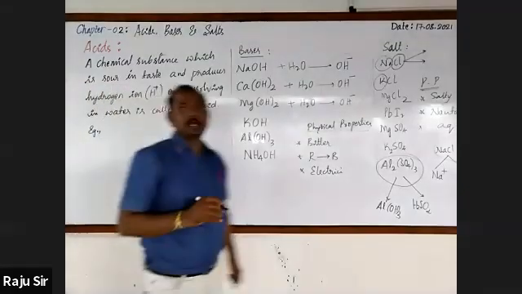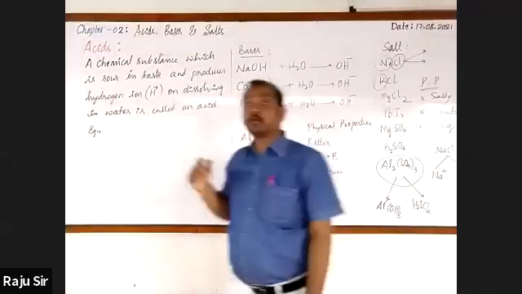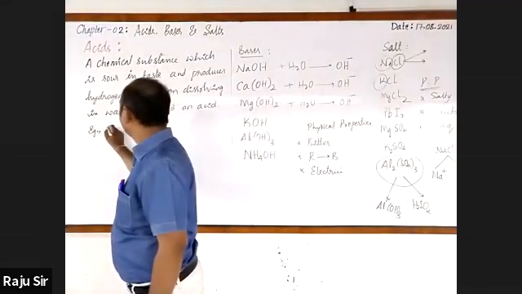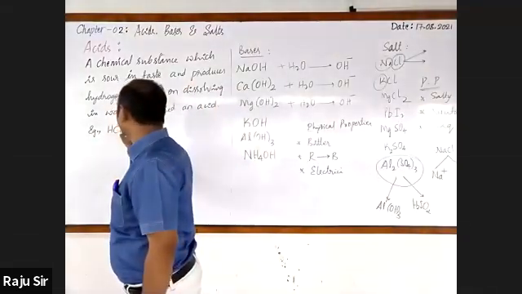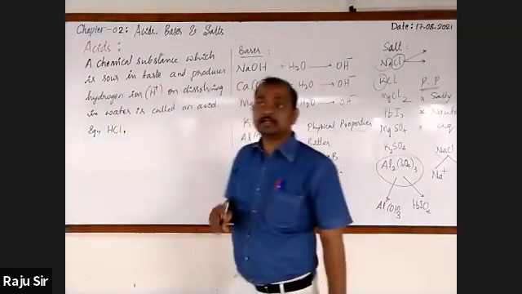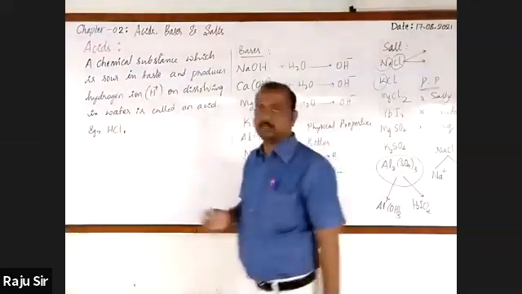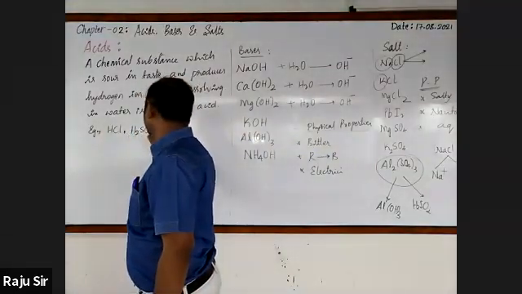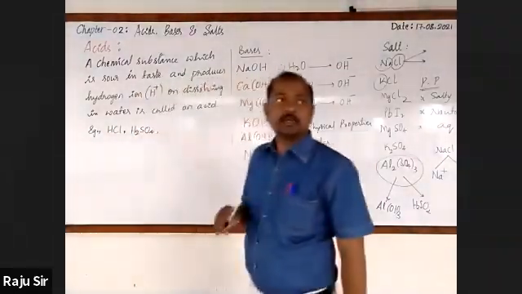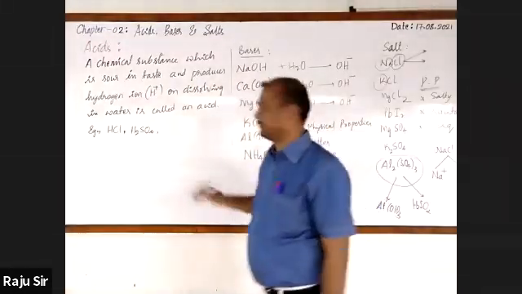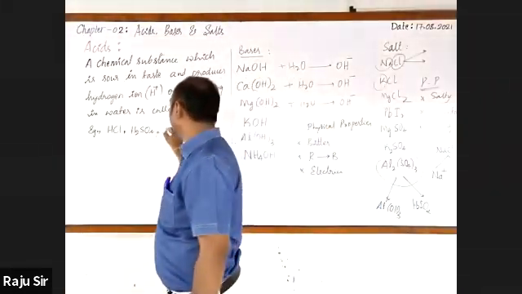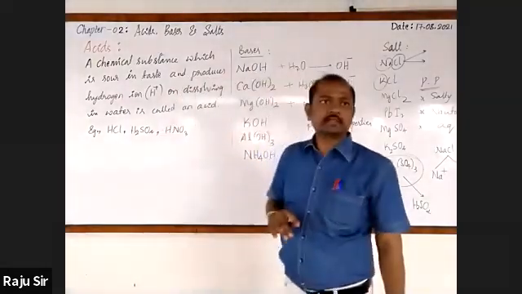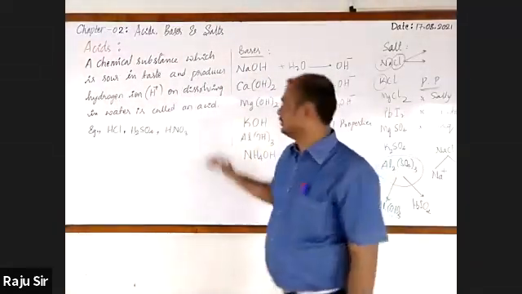You may give some examples for the acids, and go for writing the chemical formulas, which are most familiar to us. One is HCl, that is hydrochloric acid. Second one is H2SO4, that is sulfuric acid. Next, HNO3, nitric acid.